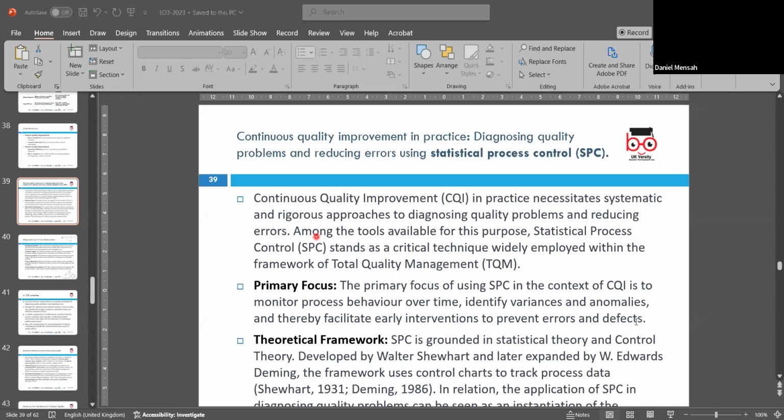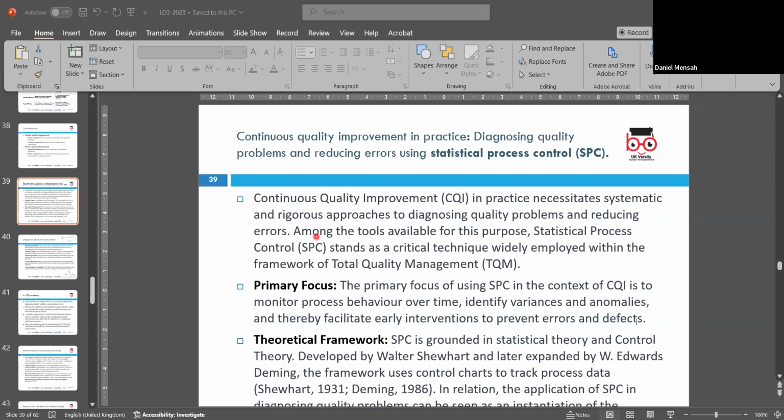And normally it identifies abnormality early, and then allows timely intervention to prevent defects and improve overall process quality. It is built around statistical and control theory, control charts, and the plan, do, check, act PDCA cycle.